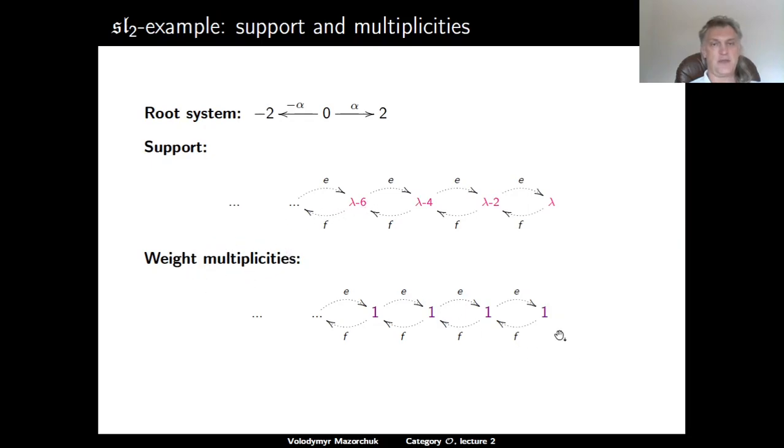And all weight multiplicities will be 1. Because if we want to go from λ to, say, λ − 6, we can write the difference 6 as a linear combination of the positive root 2 only in one way, it's 3 times 2. So all weight spaces of the Verma module for sl2 will be 1.